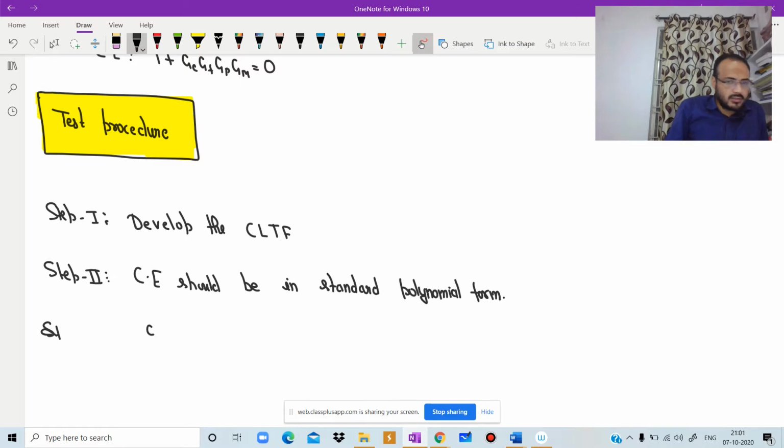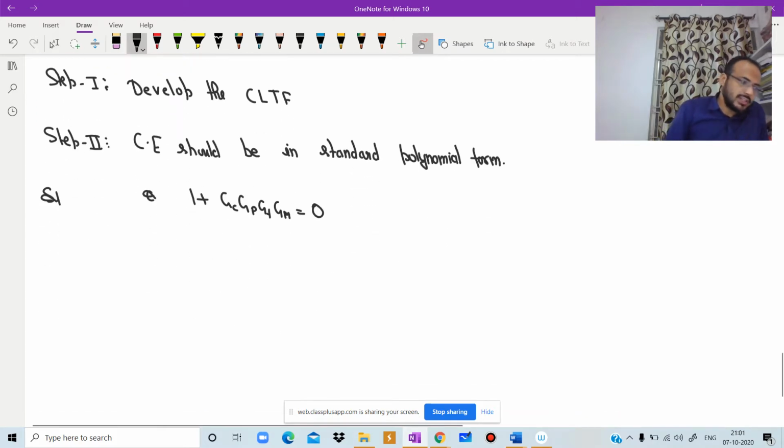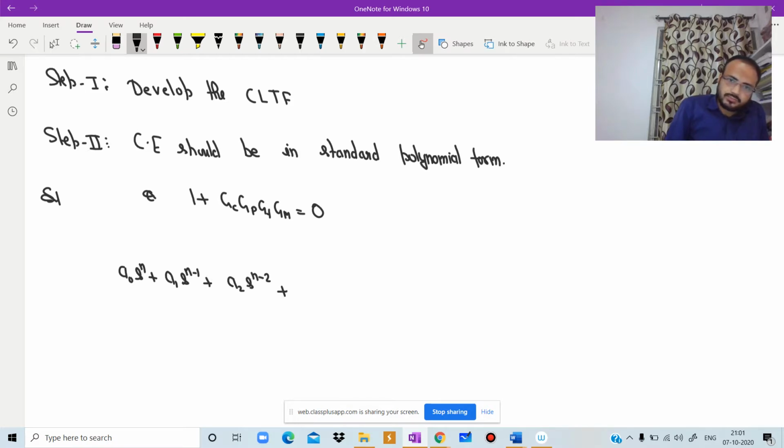We have the equation 1 plus GC GP GF GM is equal to 0. Standard polynomial means a0 s to the power n plus a1 s to the power n minus 1 plus a2 s to the power n minus 2 plus ... plus an is equal to 0.